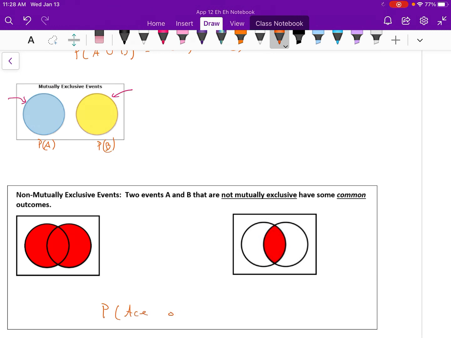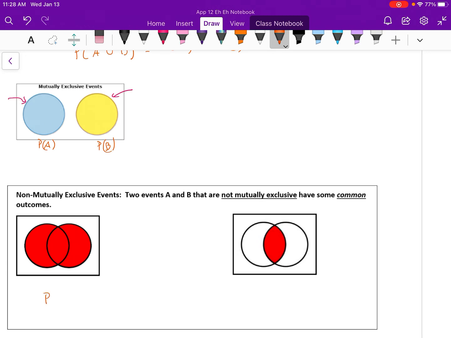If I say, what is the probability of flipping an ace or a red card? Well, there's a probability of an ace, and there's a probability of flipping a red card, but there are also some outcomes that are both red and an ace. So we have to treat this probability a little bit differently.